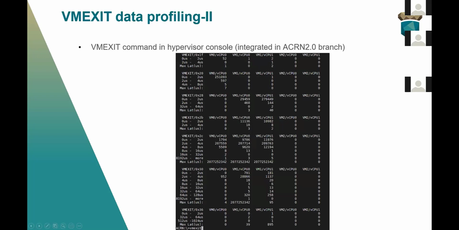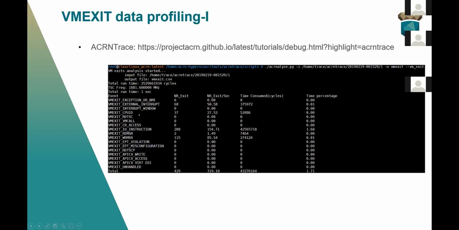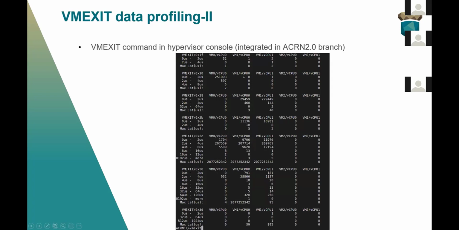Because it is a command, there are some data that are just digital numbers. The numbers on the left are the reasons, and they map to this column. I will just give a short explanation.